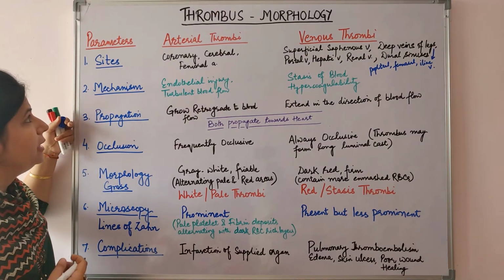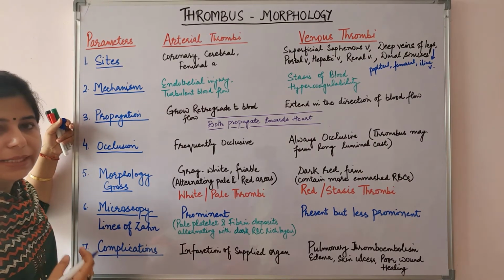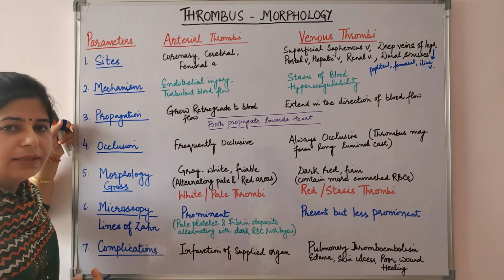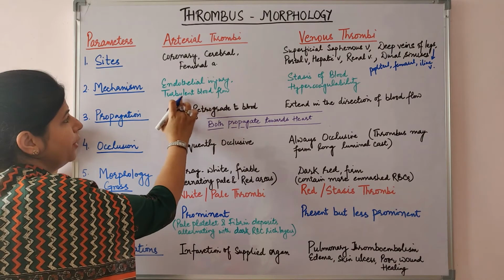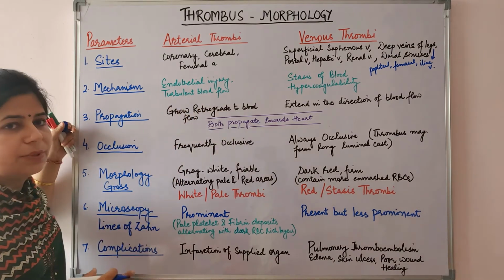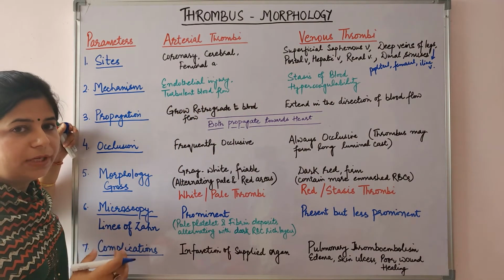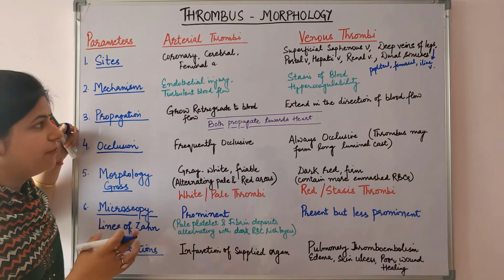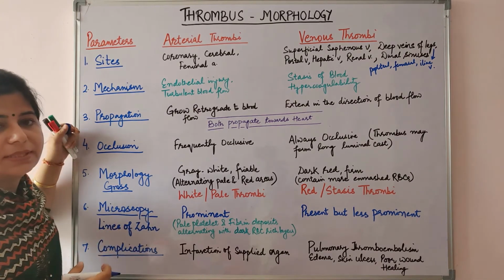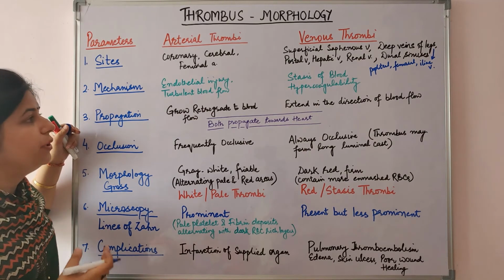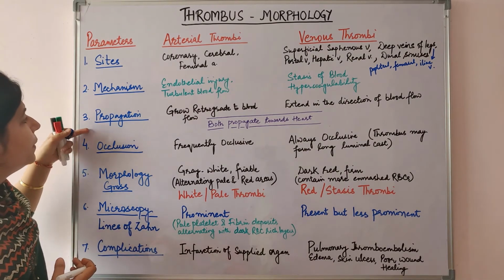Mechanism. The mechanism in arterial thrombi is endothelial injury and turbulence of blood flow. So at the bifurcation point, turbulence is present, and arterial thrombi tend to be present at the bifurcation points. In venous thrombi, the mechanism is stasis of blood and hypercoagulability. Propagation.